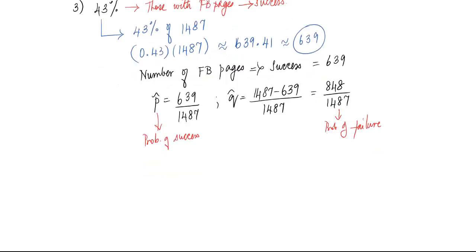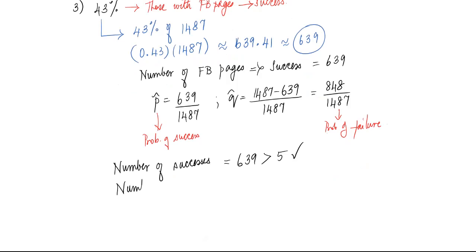All that is good, but let's stay focused on the third condition, which said the number of successes must be at least 5, right? The number of successes is 639, which is way more than 5. So we got that.